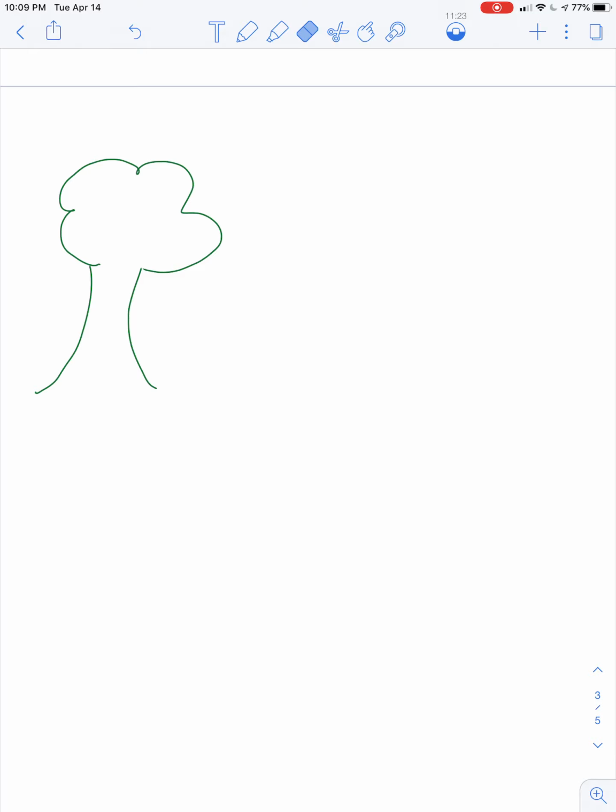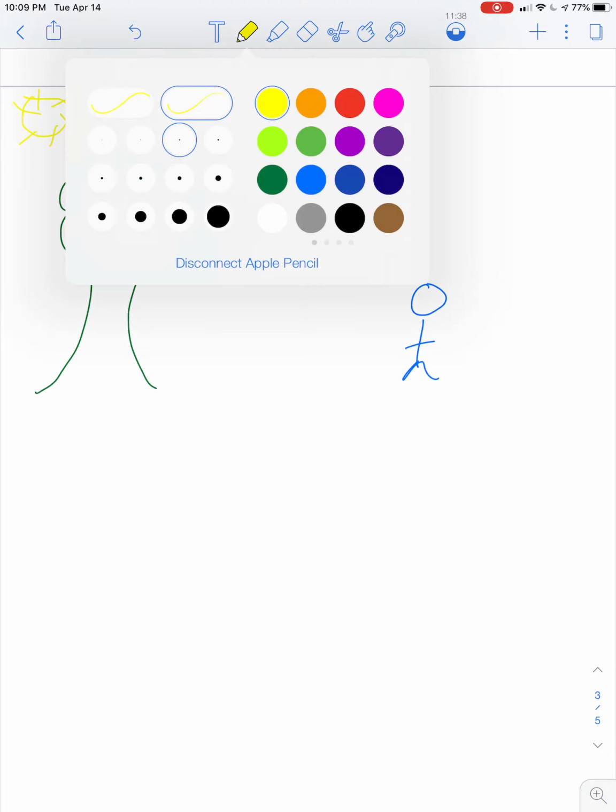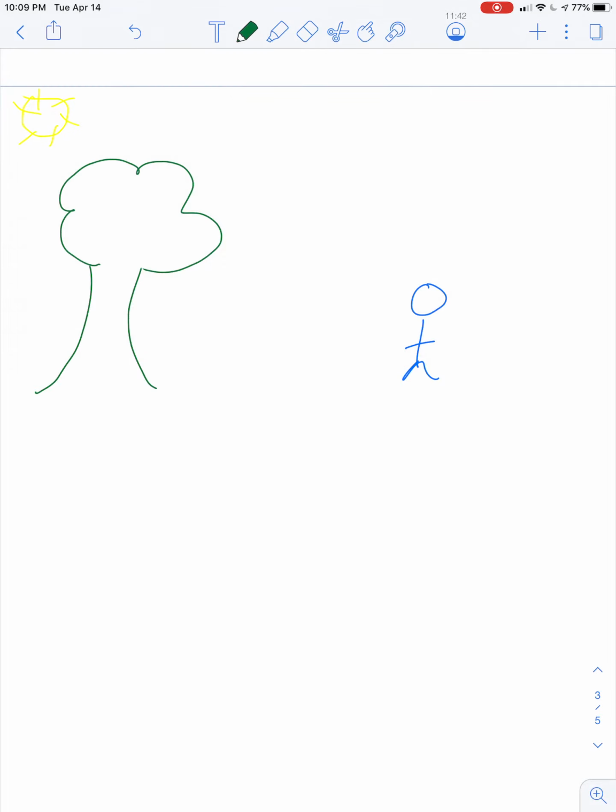And actually, I want to move this one over a little bit so we can make some room. And I want to add to this that it's a sunny day. So we have sun up here in the corner that's casting down and making shadows of our objects that are standing on level ground. So let's take our tree, and I am going to make the shadow of the tree here.